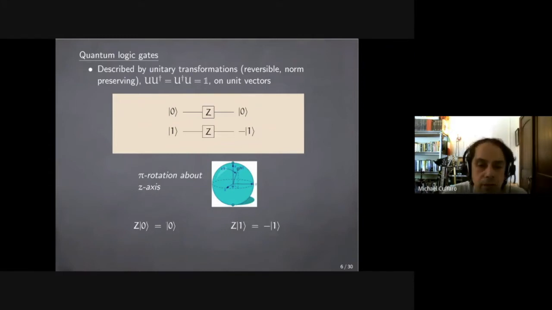Then there's the rotation around Z. It'll take 0 to itself because it doesn't change the orientation of Z. And it'll take 1 to itself, but again, it'll introduce a phase factor of minus 1.